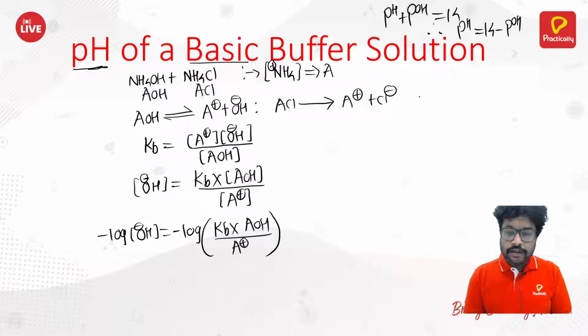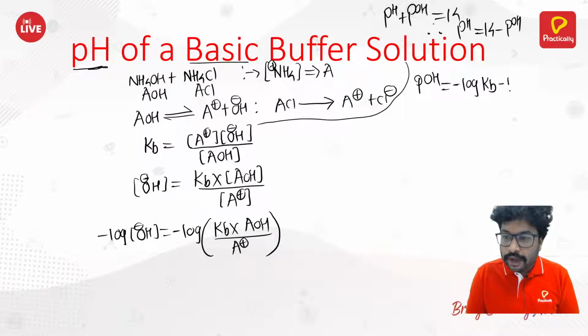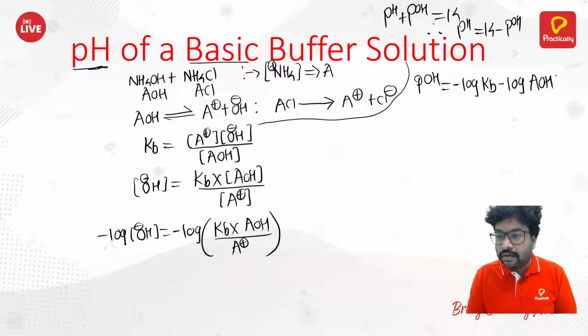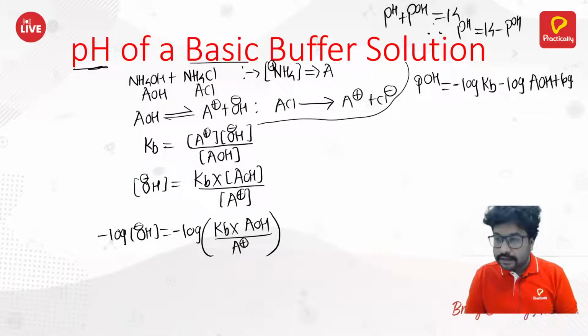So negative logarithm of OH minus will give you pOH, that is equal to minus log of Kb minus log of AOH, and minus minus I would say plus only, plus log of A plus.